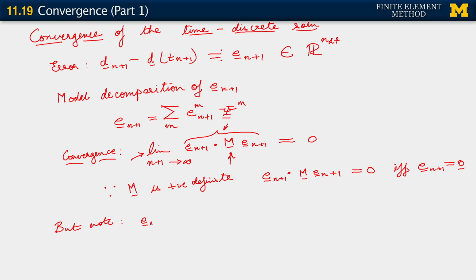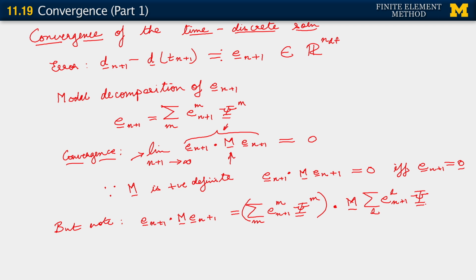E n plus 1 dotted with M E n plus 1 equals the sum over m of E m at n plus 1 psi m, dotted with M times the sum over L of E L at n plus 1 psi L. I'm going to put parentheses here.